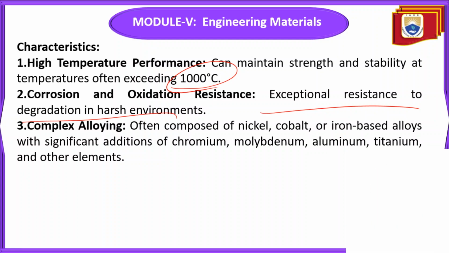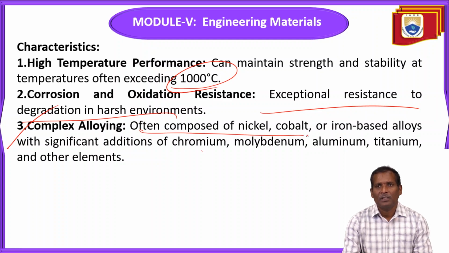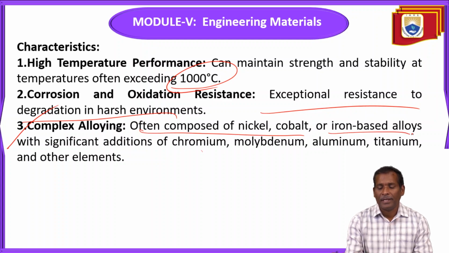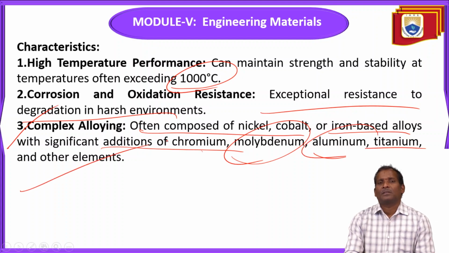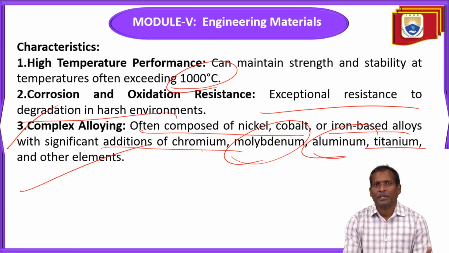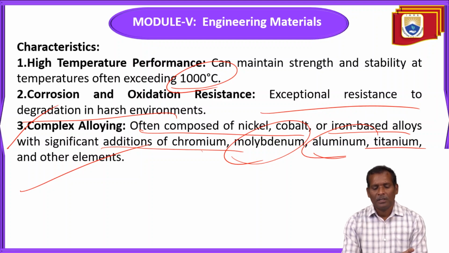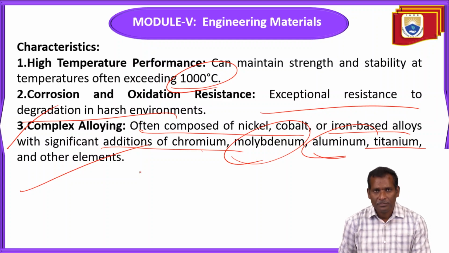Complex alloys: often composed of nickel, cobalt, or iron-based alloys with significant additions of chromium, molybdenum, aluminum, titanium and other elements. So these are alloying elements, and that's why the materials are composed with additions of chromium, molybdenum, aluminum, titanium and other elements.